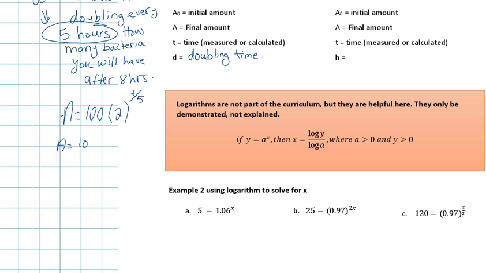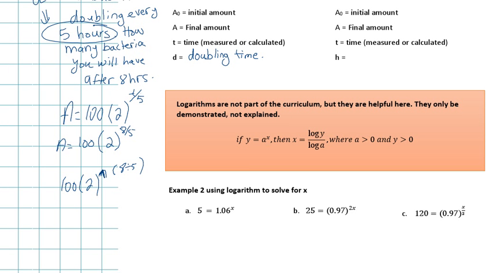Remember that when you enter it in the calculator, you're going to have to put 100, bracket 2 bracket, power, open bracket 8 divided by 5 close bracket. This is a power. What do you get? 303.14. So 303 bacteria? Yeah.